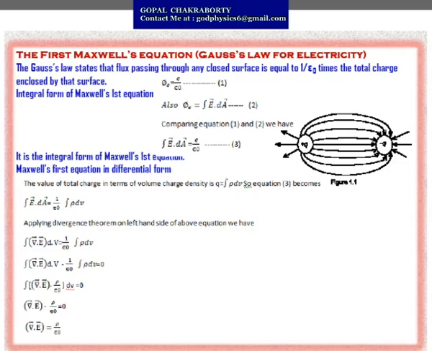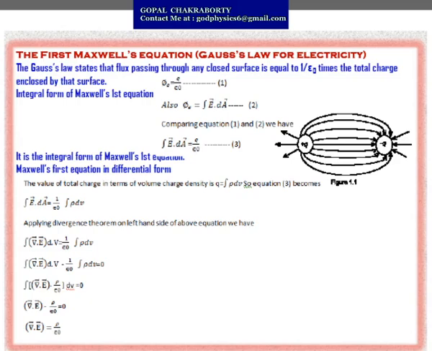So after application of this theorem, I will get volume integral del dot E dV equals 1 by epsilon naught volume integral rho dV.